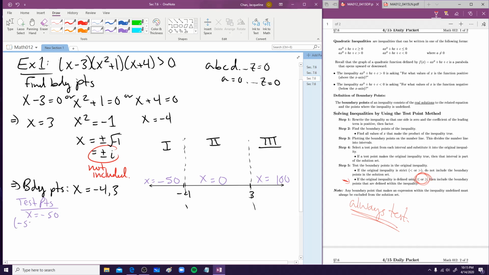So we have negative 50 minus 3, negative 50 quantity squared plus 1. Remember, I plug it into the x. And so when we plug it in, a parentheses has to go in because it's negative 50 squared, so it's not negative 1 times 50 squared, right? So we have to put the parentheses there. And this becomes negative 50 plus 4, greater than 0.